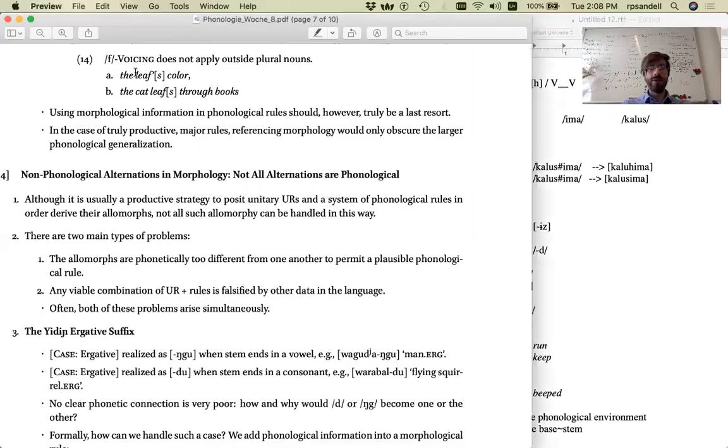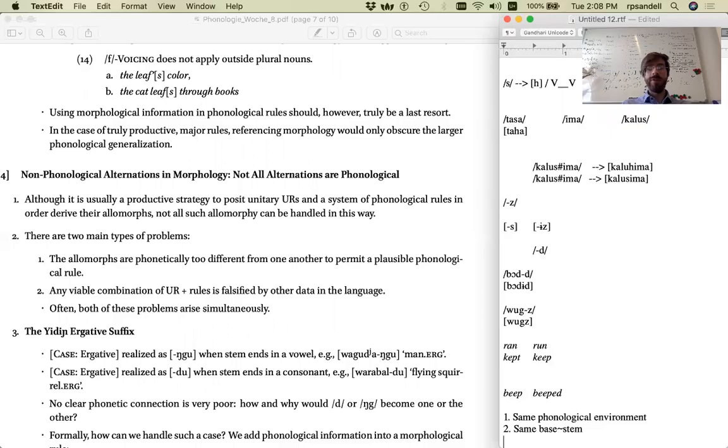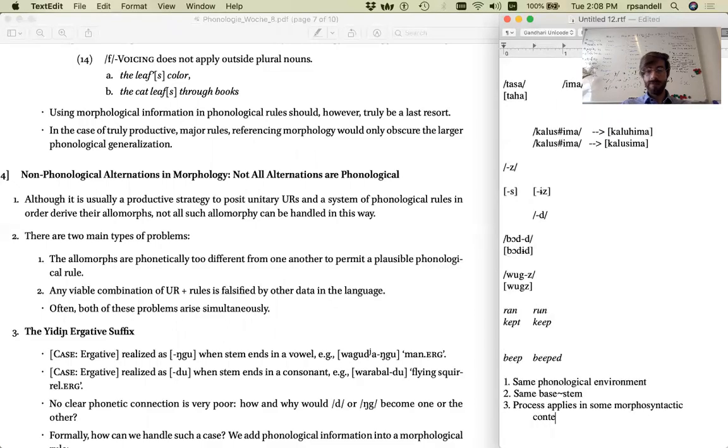In this case, we're dealing with the lexicon item leaf in all of these cases, and we see that a process applies in some morphosyntactic context, but not in others.